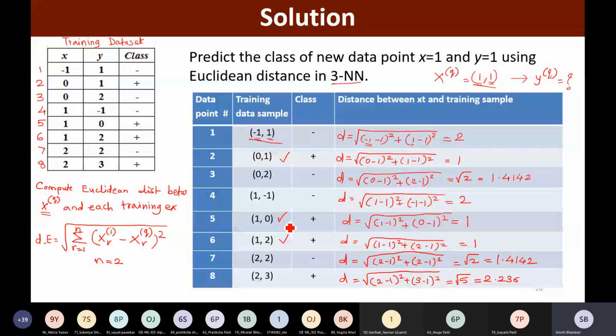And for all those 3 samples, those are closest, we need to find out the class. So obviously here all these 3 samples belong to positive class, right? And there is no sample out of these 3 belong to negative class. So obviously what we will predict? We will predict YQ as positive class.